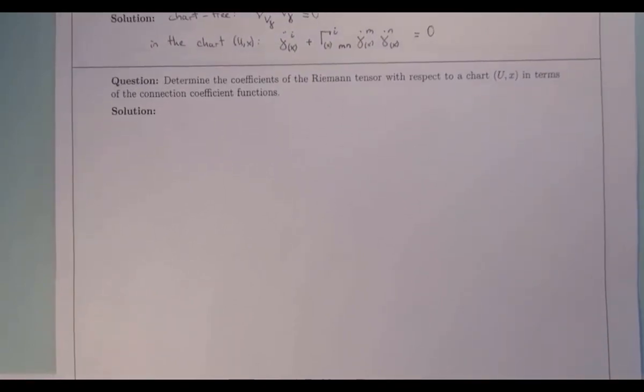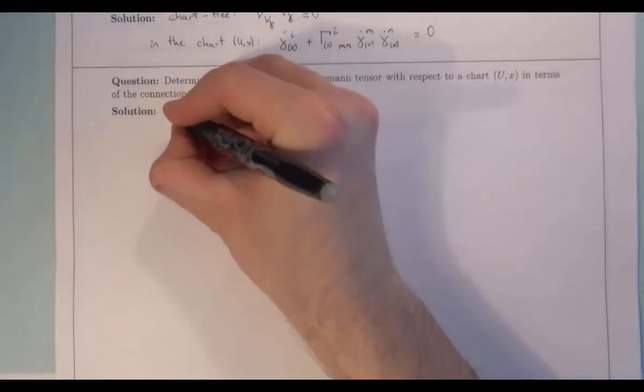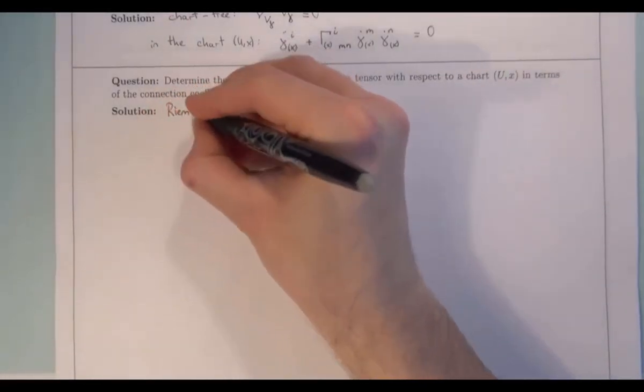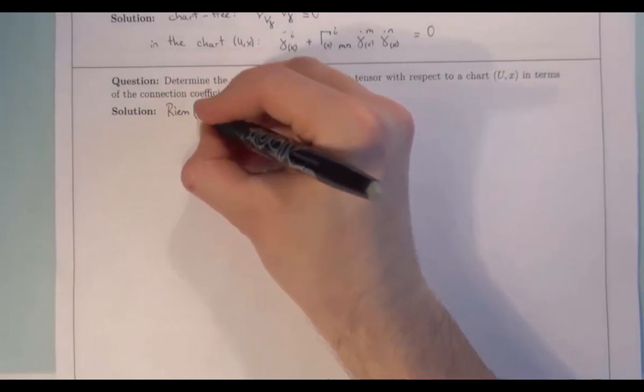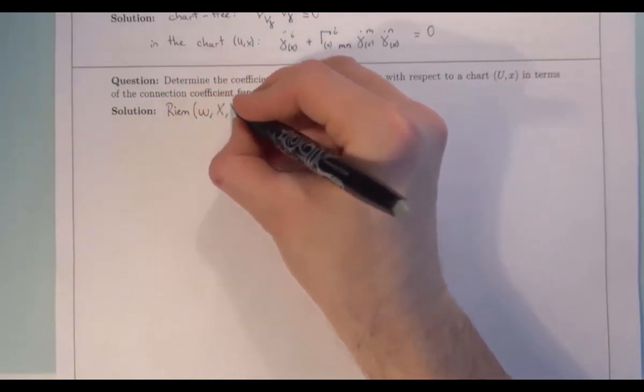Next question is to determine the coefficients of the Riemann tensor with respect to a chart ux in terms of the connection coefficient function. So, we again write down the definition of Riemann curvature, which is Riem of omega, x, y, z.